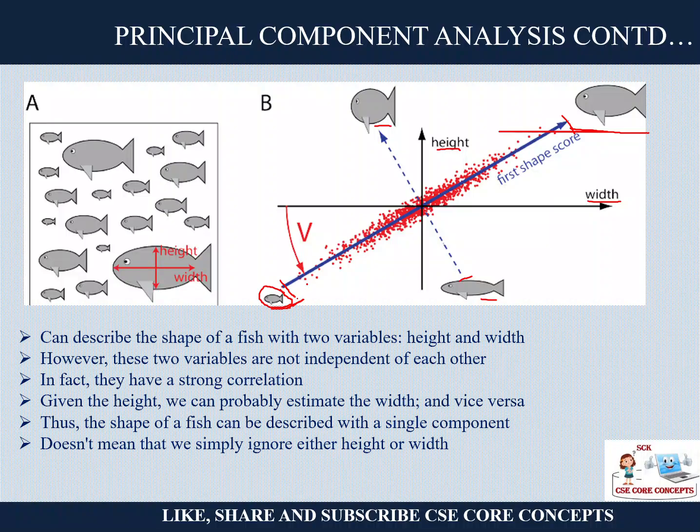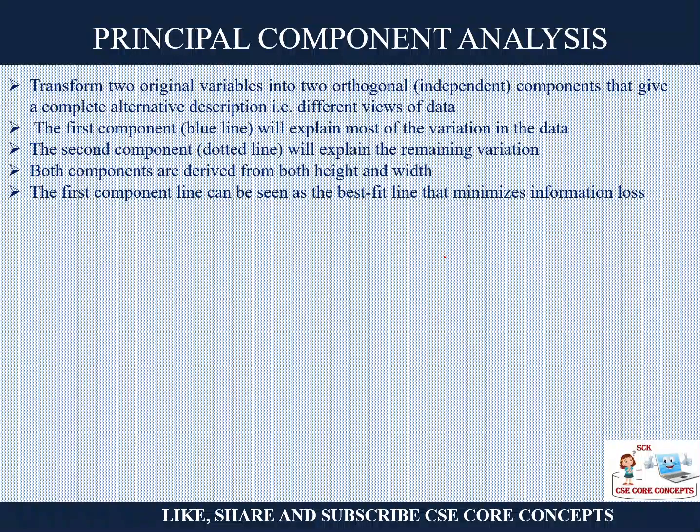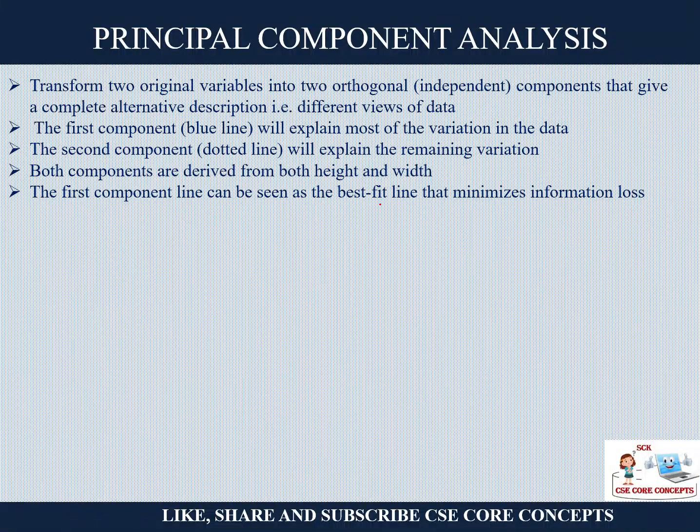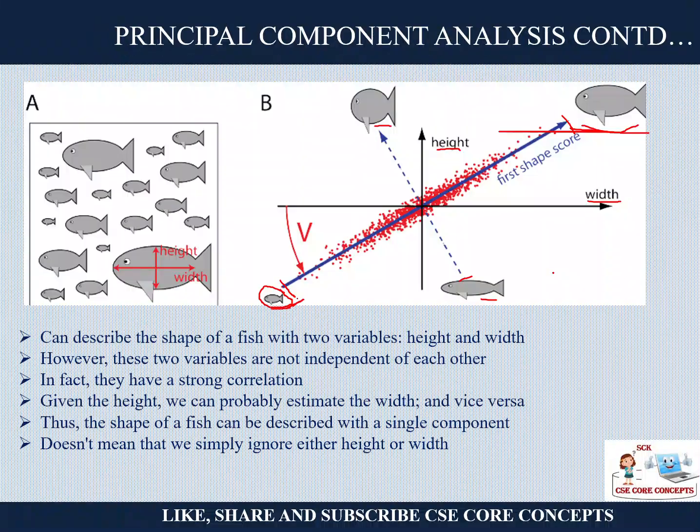This fish can be as small as this. How do you derive it? Because its height is small, its width is small. How can you say this fish is so big? Because its height is bigger and its width is bigger. So the first component line can be seen as the best fit line that minimizes the information loss. Right? So the first component line is showing you the minimum information loss.